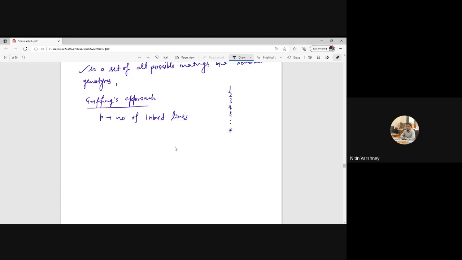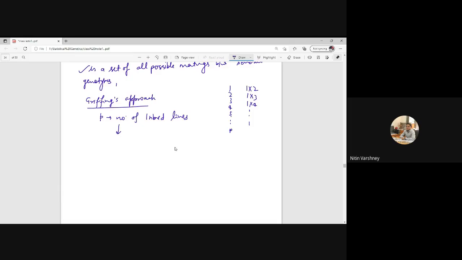Their crosses will be like 1 into 2, 1 into 3, 1 into 4. Likewise, different crosses will be there. So if I am having p number of inbred lines, how many total crosses will be there?